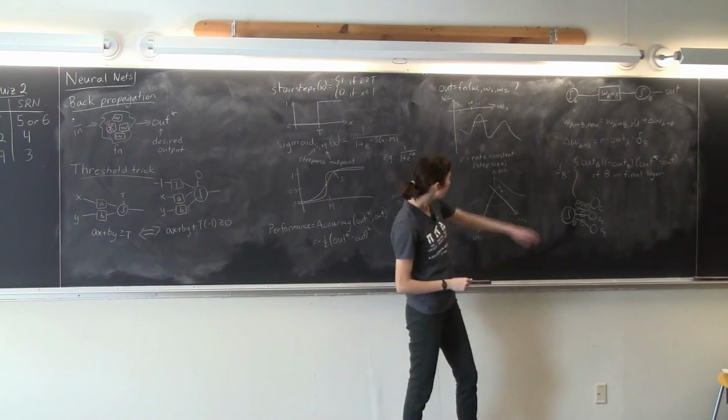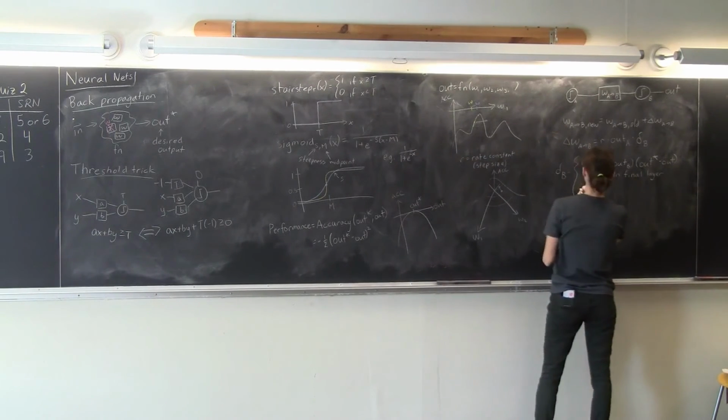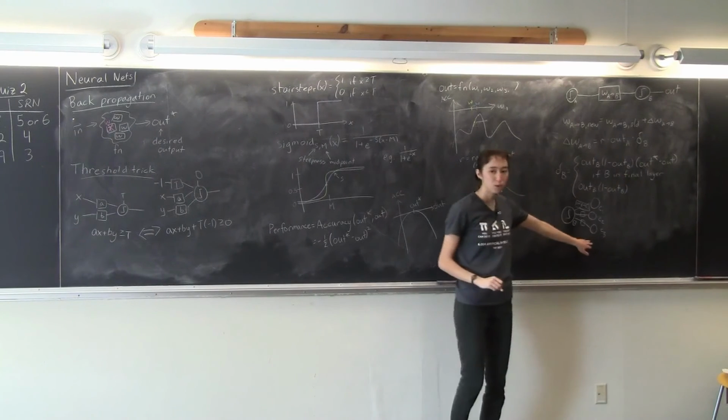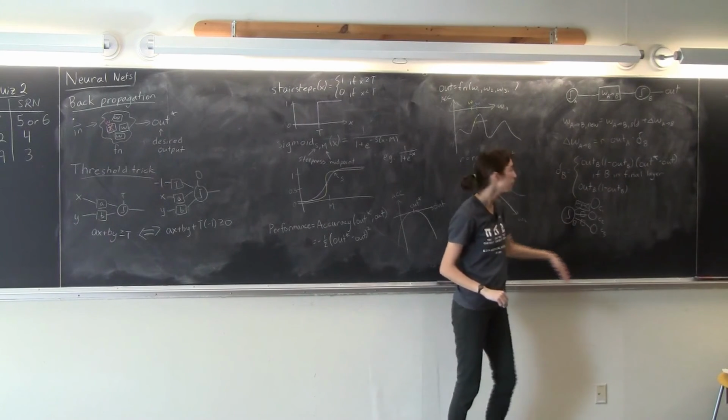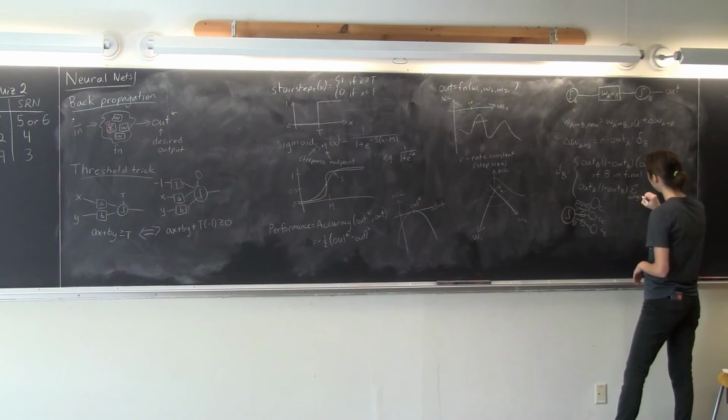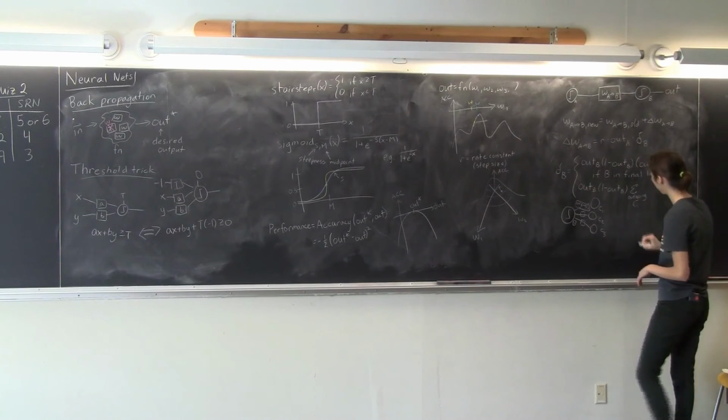And so what we'll do is the formula still starts with the output of B times 1 minus the output of B. But then we're going to sum over all of these outgoing neurons. So say it's times the sum over the outgoing neurons C sub i.